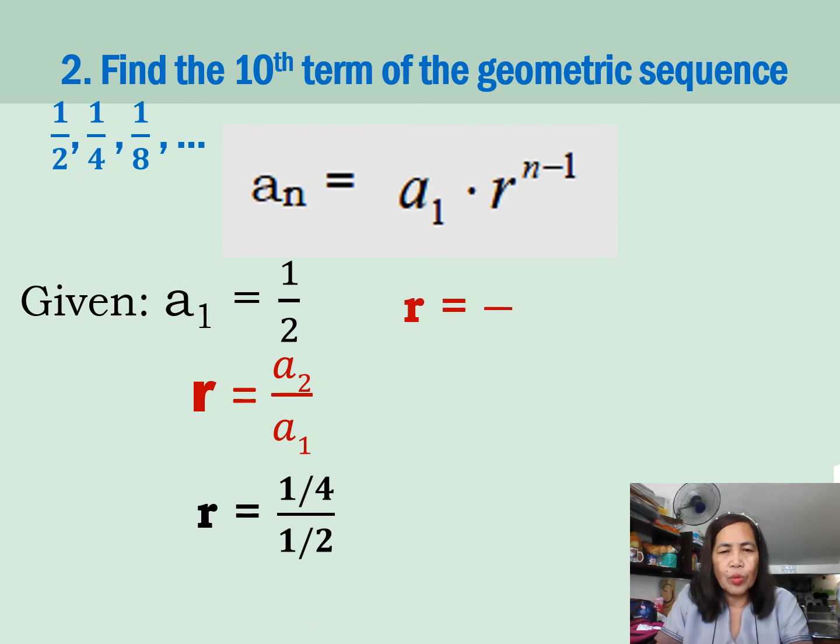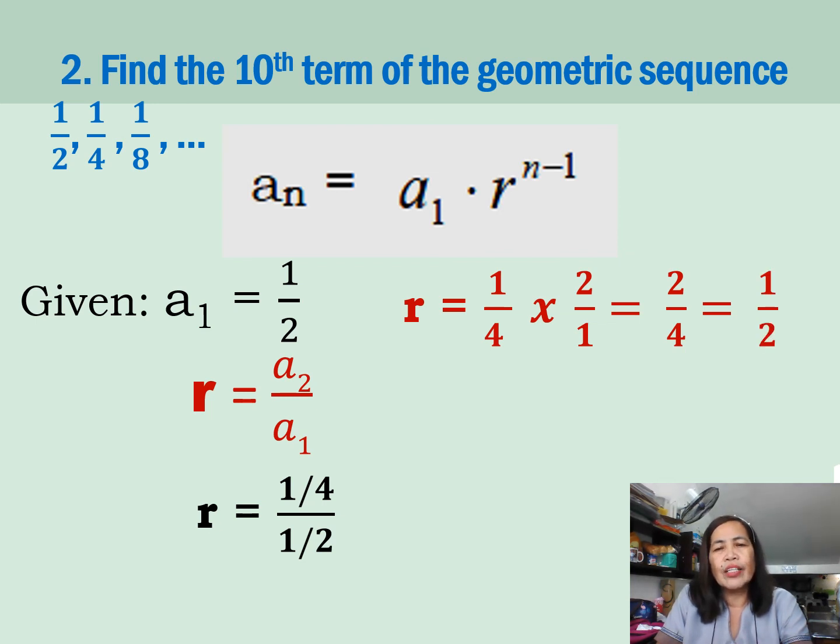Rewriting this into 1/4 times 2/1, since to divide fractions is to multiply by the reciprocal. Then 1 times 2 is 2, 4 times 1 is 4, reduce 2/4 to lowest terms, we got 1/2. So the ratio is 1/2.